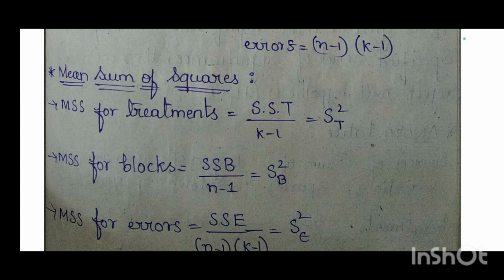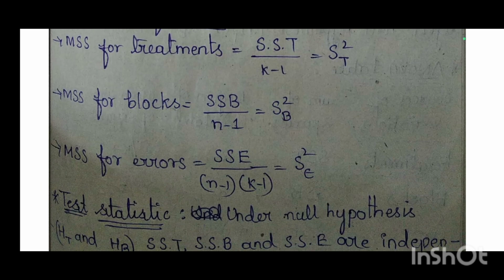So the mean sum of squares for the treatments is SST divided by k minus 1, that implies ST square. Next, the mean sum of squares for the blocks is SSB divided by n minus 1, SB square. Next, the mean sum of squares for the errors is SSE divided by (n minus 1) into (k minus 1), then you will get SE square.